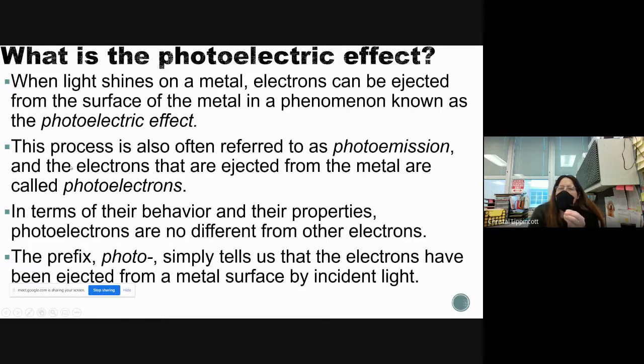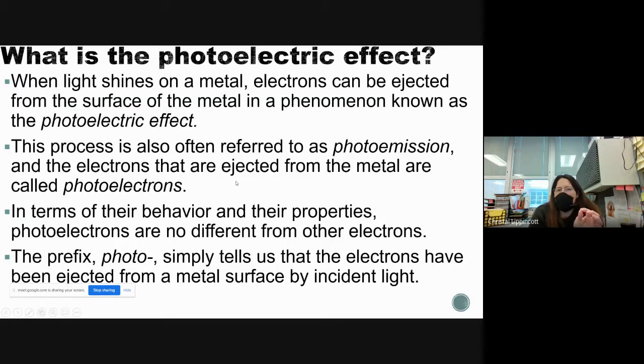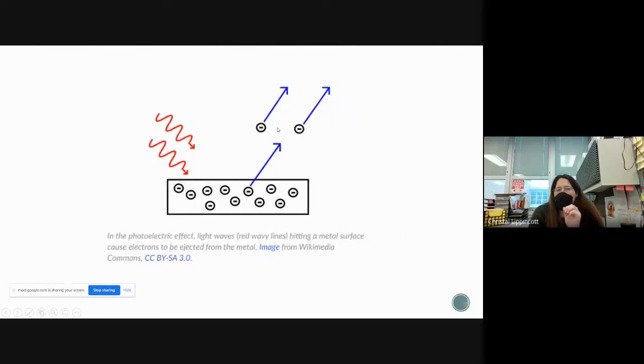And what they do with this photoelectron spectroscopy is they take advantage of those electrons that are popping off, and they look to see what kind of energy is required to make that happen. So they're using light, and that's where the photo comes from, to eject an electron away and then measure the energy that's needed.